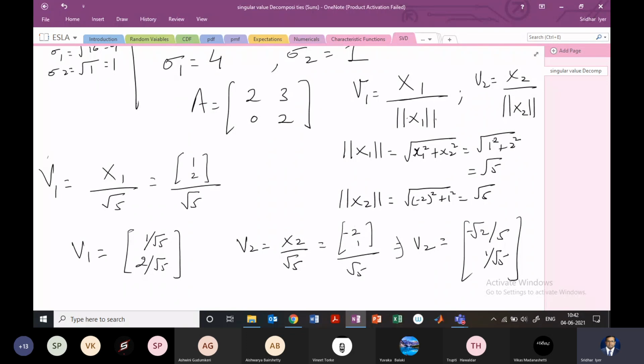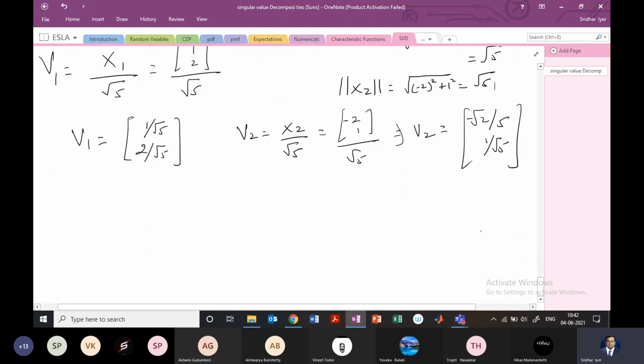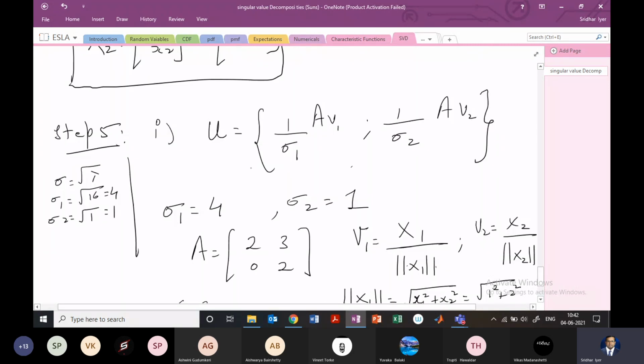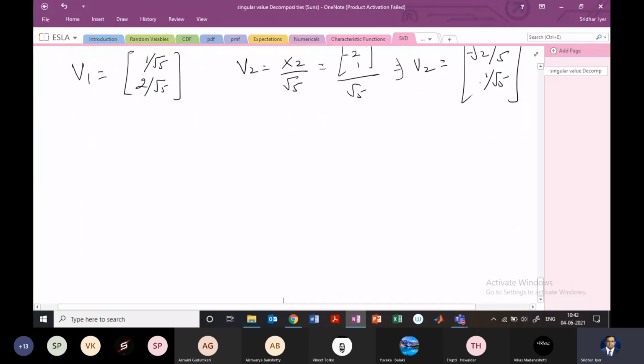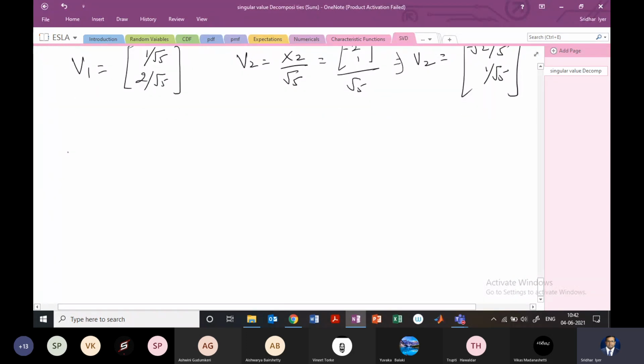Okay, so now we can get the value of u, because now we have all the values. What do you need to calculate the value of u? You need 1 by sigma 1, we know sigma 1, into A, we know A, and v1 we have just calculated. Similarly, sigma 2, then A, and then v2, right? So now we can calculate the value of u. Let us go step by step and see what answers we get.